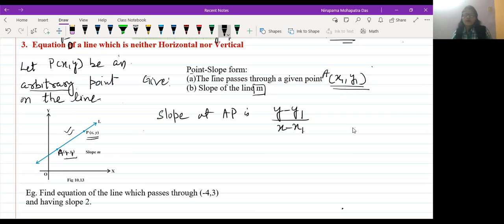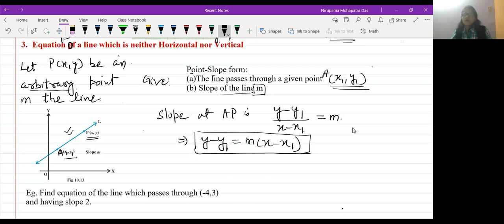But going back to the condition given to us, the slope of the line is m. So y minus y1 by x minus x1 equal to m. Right? So it implies y minus y1 equal to m into x minus x1. Okay, so this is the equation of the line in point slope form.